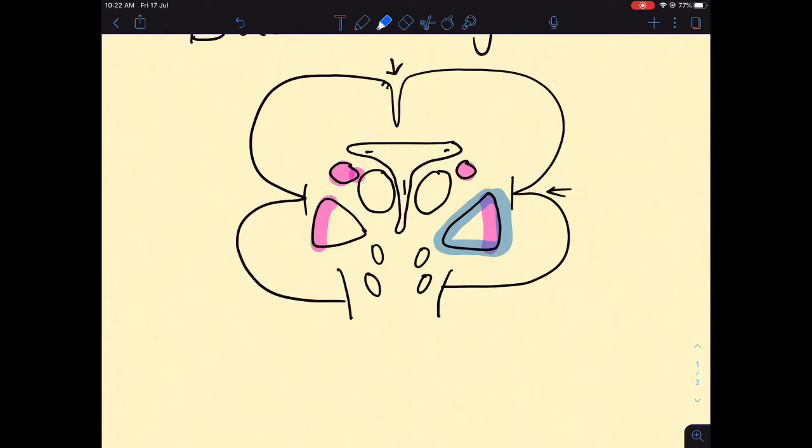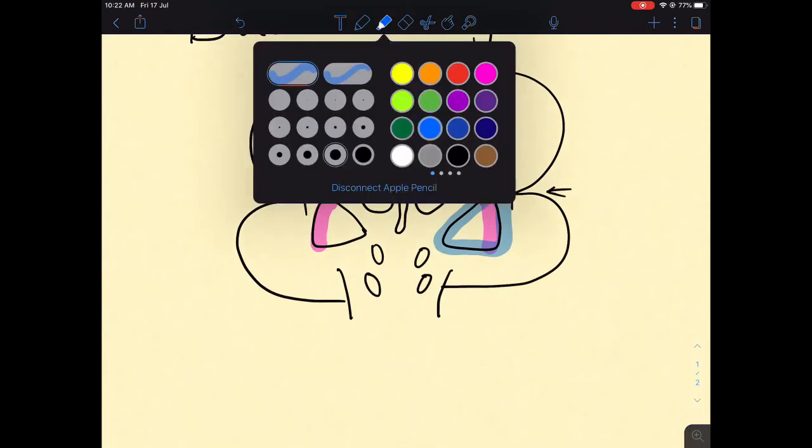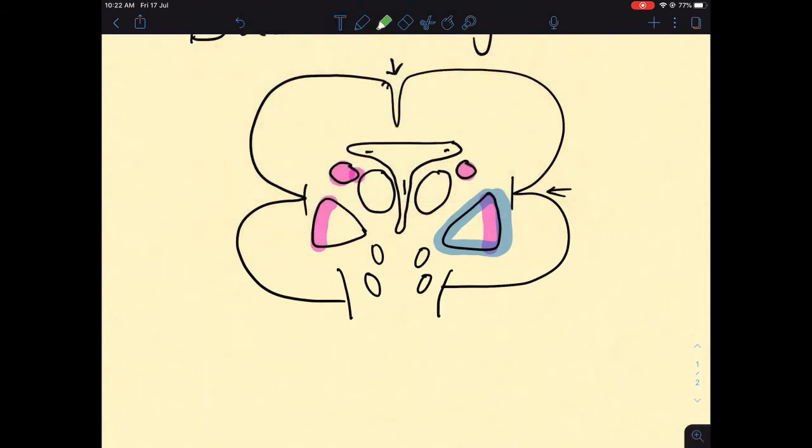This triangle sort of looks like a lens, so it's called lenticular. The other members are the globus pallidus internus, which is on the inside, so that's why it's called internus, and the globus pallidus externus. So these green guys are called globus pallidus.